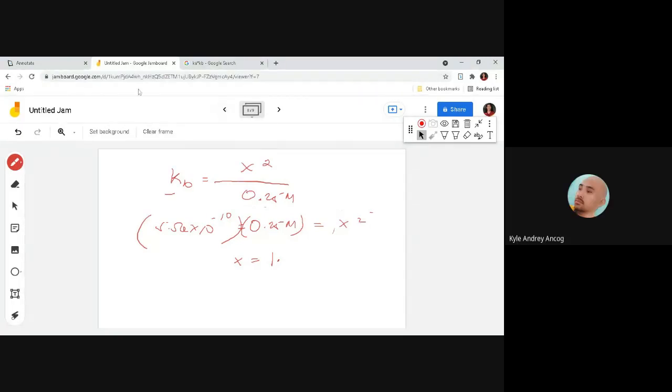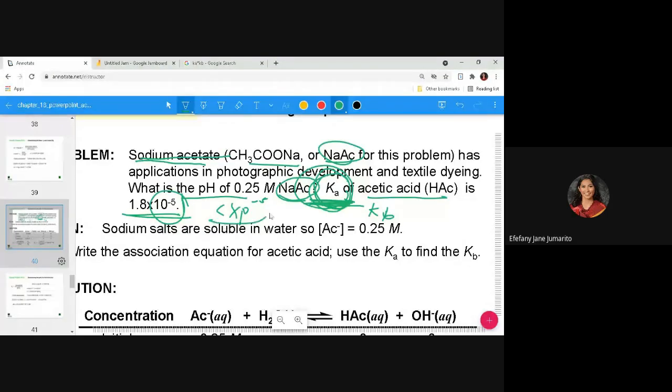Okay, thank you ma'am. So if it is less than times 10 to the negative 5, you neglect Ka. Does that apply to Kb also, ma'am? Yes, Ka and Kb.